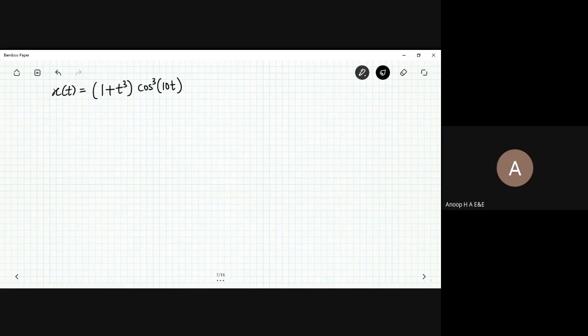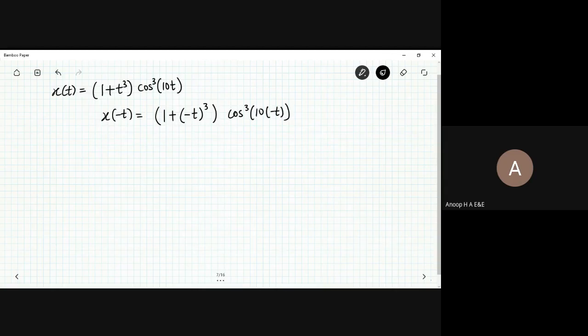Again, you have to find out what x of minus t is. x of minus t can be found by 1 plus, changing t to minus t, minus t cube cos cube 10 of minus t.